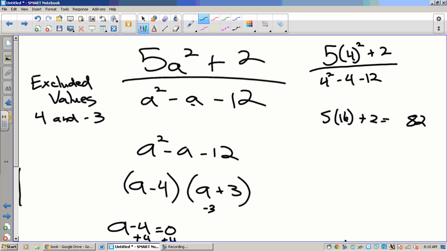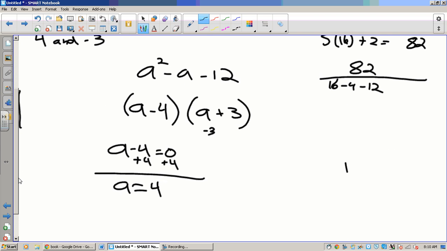So we've got 82 over 4 squared is 16 minus 4 minus 12. So 16 minus 4 is 12. So I've got 82 over 12 minus 12, which is 82 over 0.